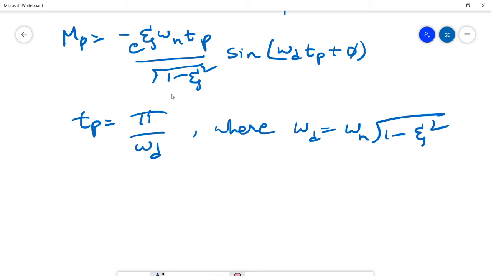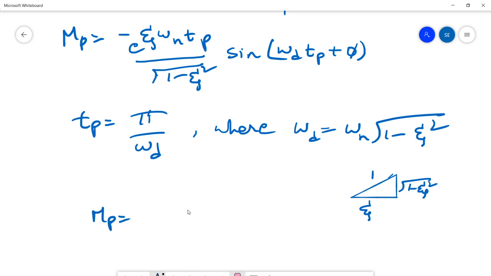What I'll do, I'll substitute from that right angle triangle again. Just remember that right angle triangle, root of 1 minus zeta square by zeta, 1 here.